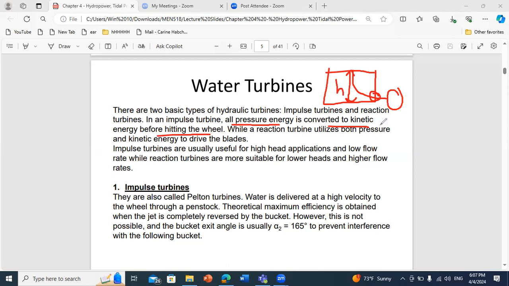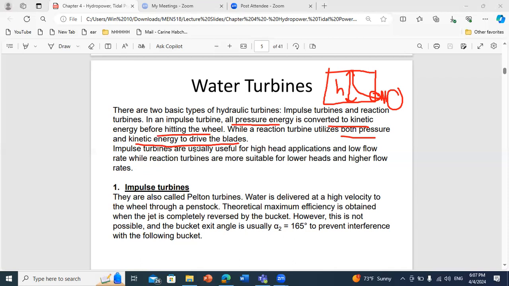While in a reaction turbine, at the inlet of the turbine, you have both pressure and kinetic energy that will be needed to drive the blades. So we will discuss the difference between the two and how we can make calculations to know the powers that will be extracted from water turbines.